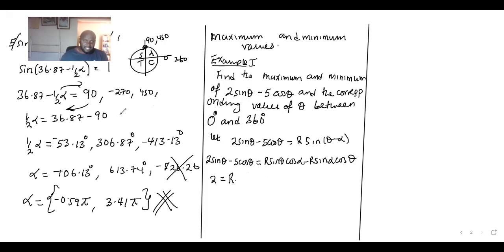When I write something like this, this is the same as having R. Just put this in bracket everywhere. When you put it in brackets, whatever is outside its bracket is its coefficient. So Maria, how much is it?